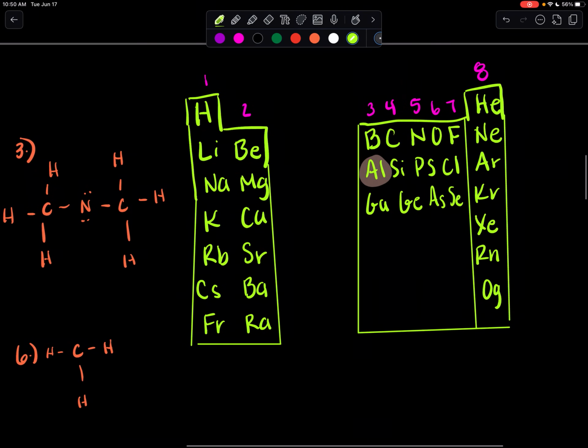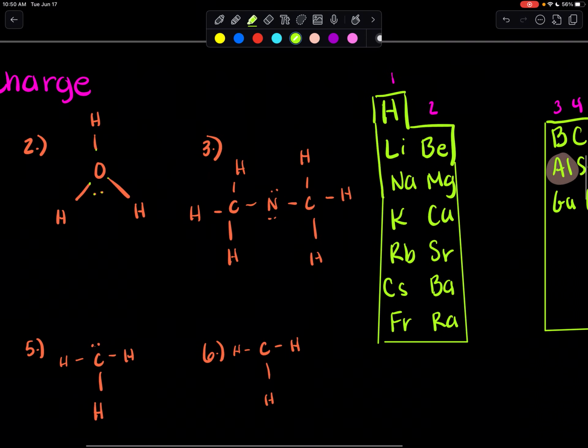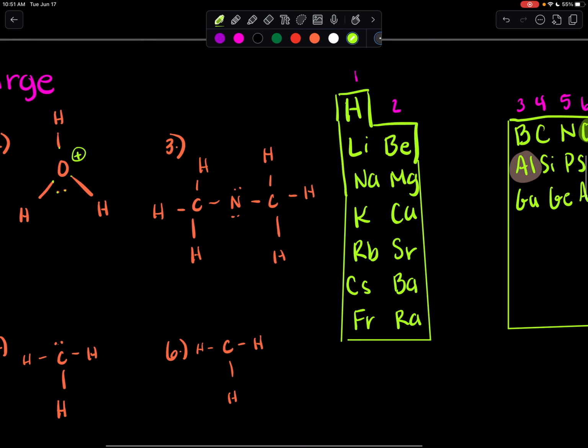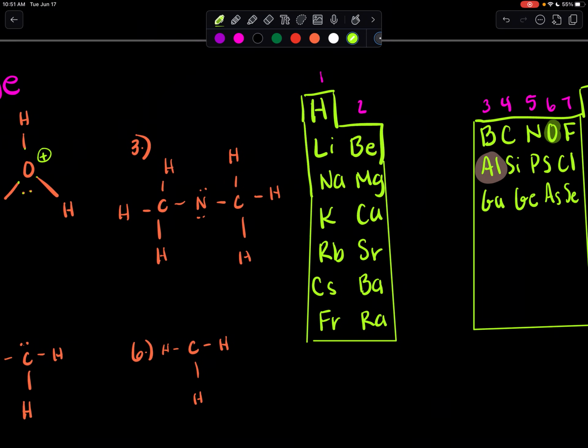Now, where is our oxygen? Our oxygen is right here, and oxygen prefers 6 valence electrons, and we have 5. Therefore, the oxygen is going to bear a charge, and in this case, it'll be positive. It's missing 1 electron, right? 5 needs 6 to be neutral.